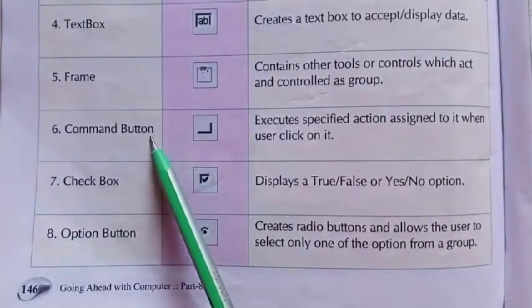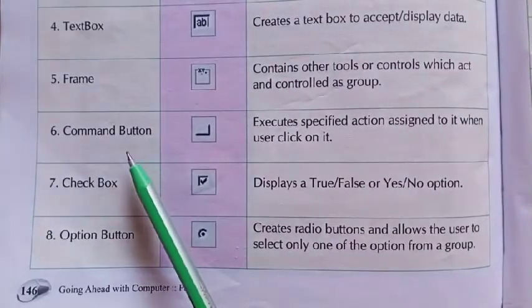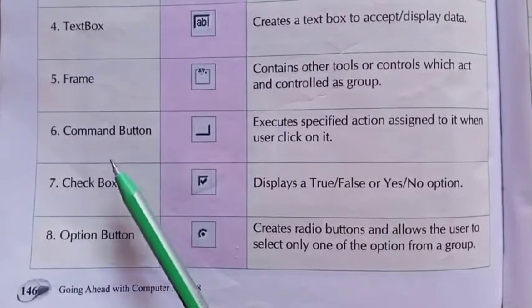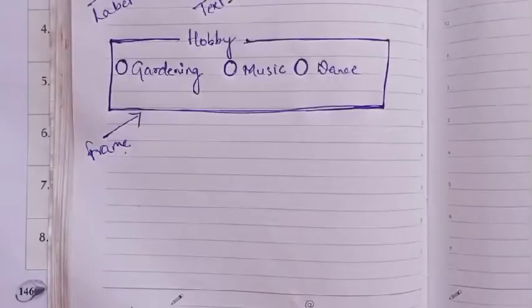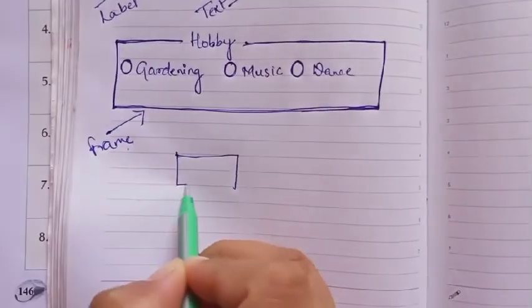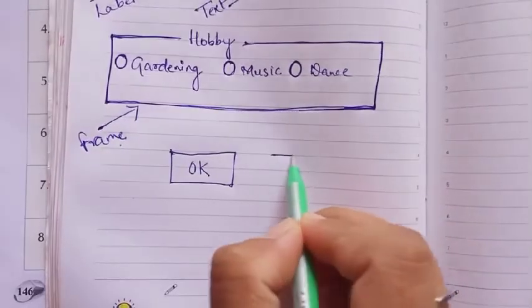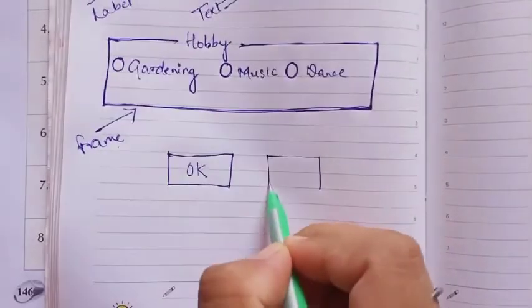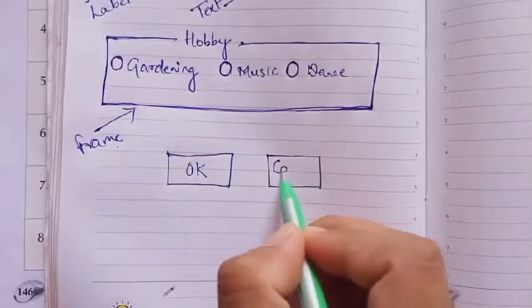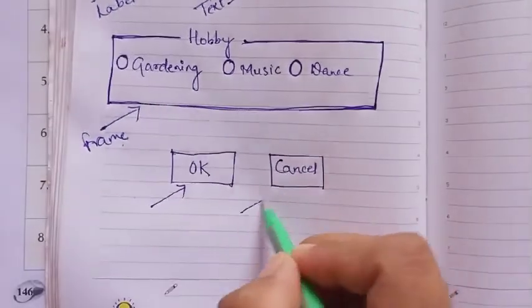The command button is used to execute any action that has been assigned to it. For example, I have created a button on the form that is for OK. I have created another button on the form that is for Cancel. So you can see I have two buttons over here.